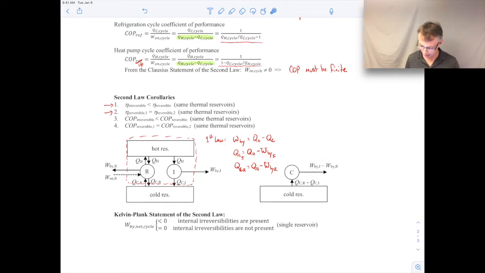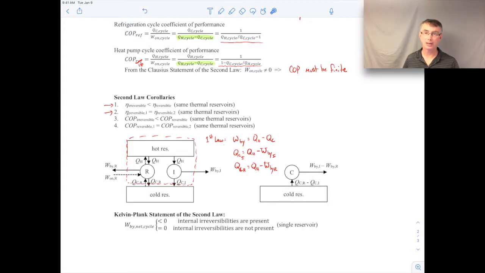The net work I'm getting out will be W_I minus the W_R that I'm putting into the reversible system. And the heat exchange with the cold reservoir will be QC,R minus QC,I. So now we have a system interacting with a cold reservoir over a cycle, and we're getting some work out of it.